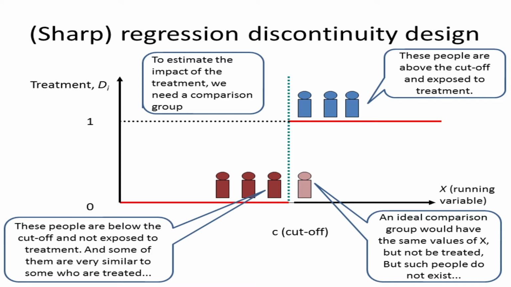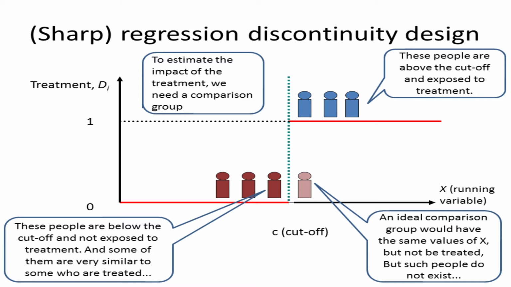But we have some people who have a value of x just below c who are not exposed to the treatment. The basic idea of regression discontinuity is that if we look very, very close to the cutoff, we can find people who have a value of x not that different from another person, but who have different treatment statuses. If you're c plus epsilon you are treated, and if you're c minus epsilon you are not treated.